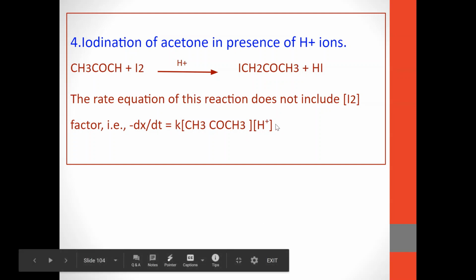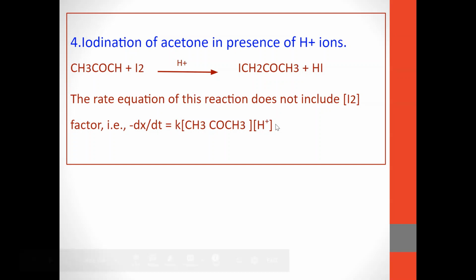That means the reaction is zero order with respect to I2, whose rate is independent of its concentration. So this is also one of the examples related to zero order reaction.